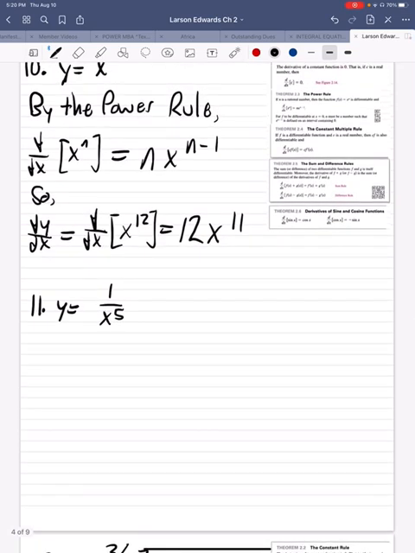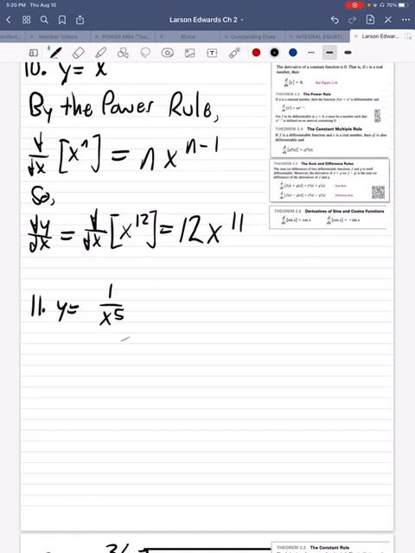Number 11. So this one looks a little funky. There is, as you can see, a power of x in the equation, but it doesn't look exactly like any of these templates, does it, in terms of the equation? Well, first of all, what we know for sure is that there is a power of x.